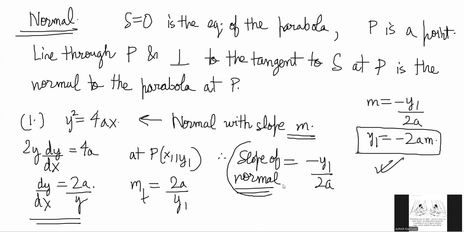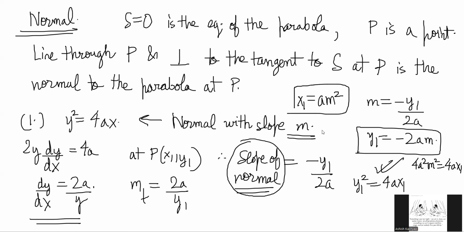And here m is known as the slope of the normal, right? Now, because x1, y1 lies on the parabola, we have y1 square is equal to 4a x1, and y1 square will be 4a square m square. So 4a square m square is equal to 4a x1. So we are getting x1 is equal to am square, right? So the point x1 comma y1 is am square comma minus 2am, right?